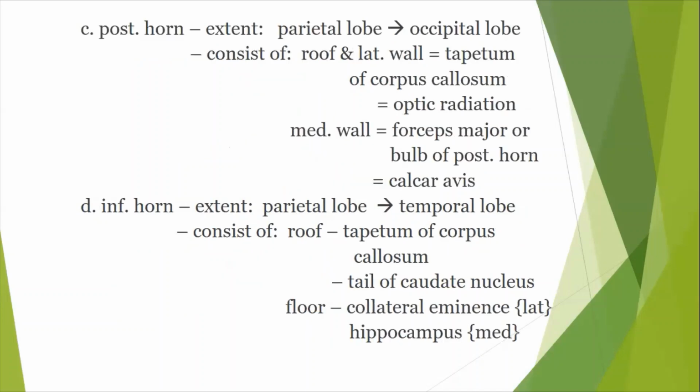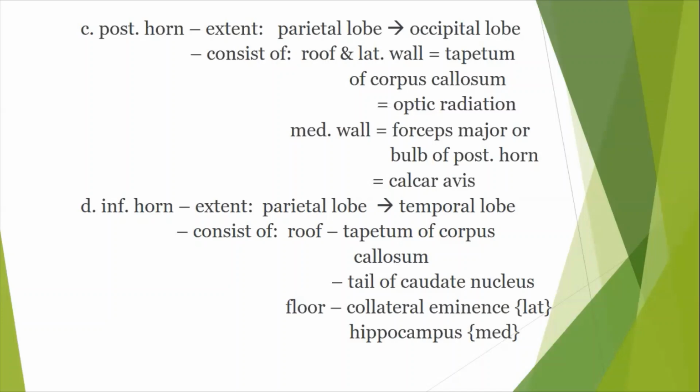Now, the posterior horn will extend from the parietal lobe to the occipital lobe. So it will go posterior. And it will consist of a roof and a lateral wall made up of the tapetum of the corpus callosum and the optic radiation.